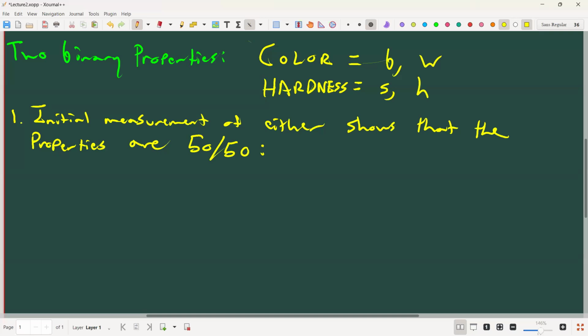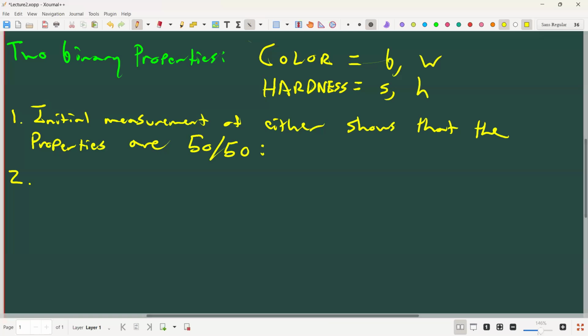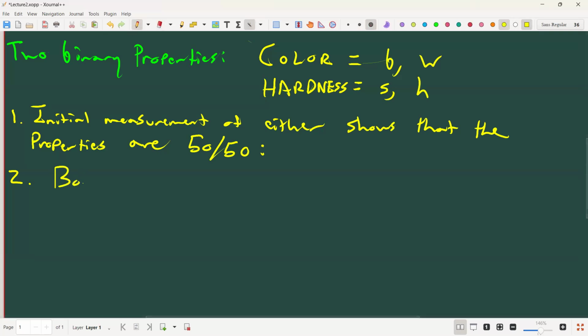The next property that we've noticed is that we can't define color and hardness simultaneously. Know that one is black, you lose the information about the softness or the hardness, and vice versa. Right? So the properties are 50-50, but both properties cannot be determined simultaneously.